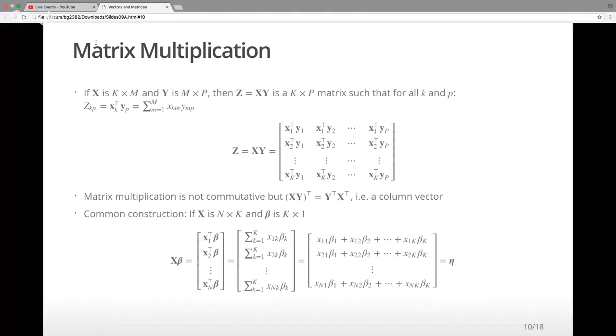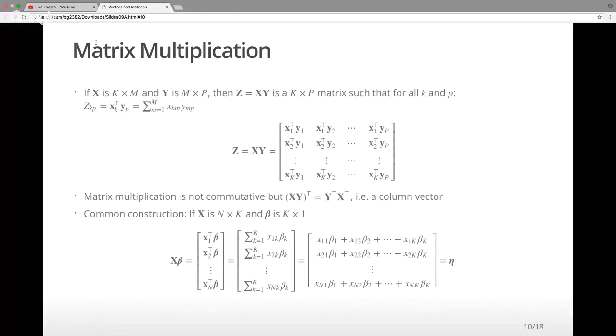Unlike scalar multiplication that you learned in elementary school, matrix multiplication is not commutative. However, it is true that the transpose of the product of x and y is equal to y transpose times x transpose. That is always true.